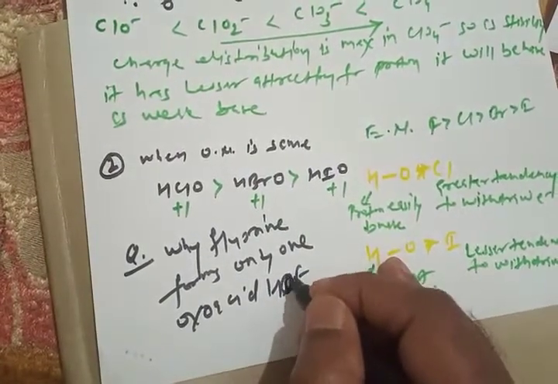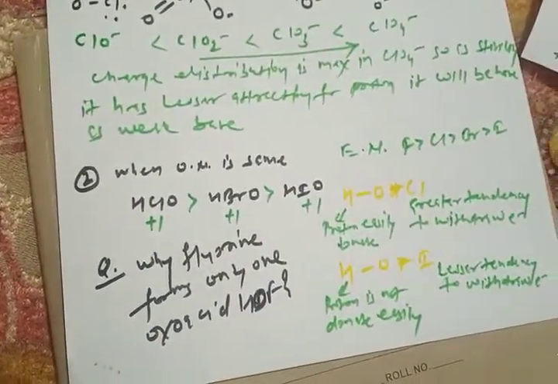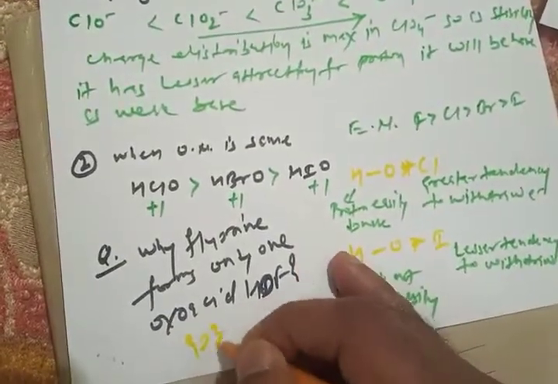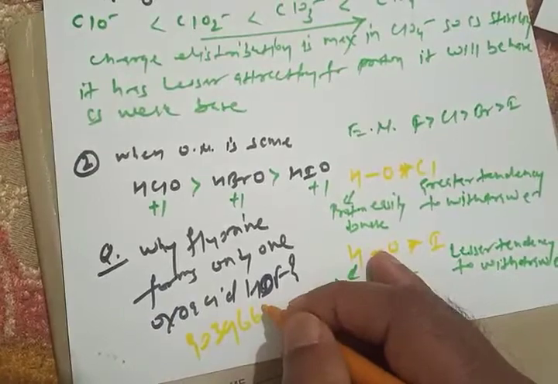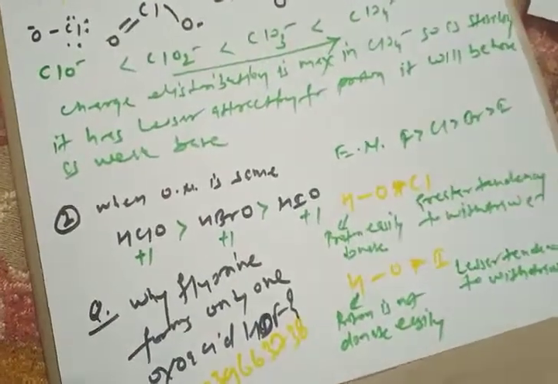Why does fluorine form only one oxoacid? You have to write the reason in the comment box or WhatsApp it to my number. This is a very easy question, you can easily answer that.